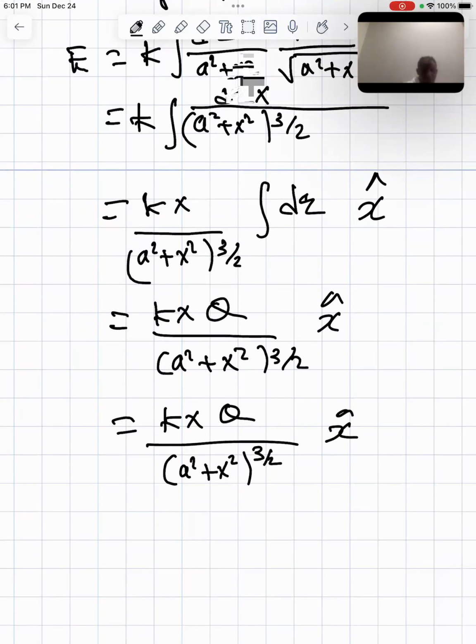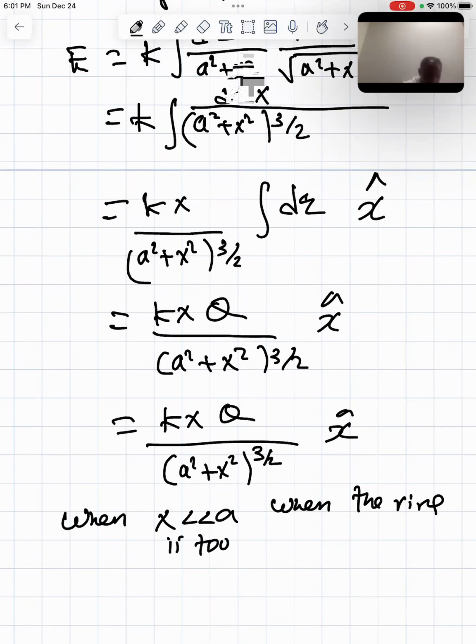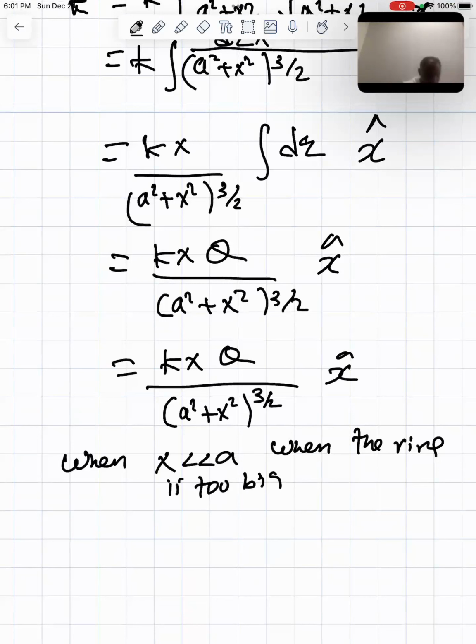Now, if you want to understand the case when x is much less than a, or when the ring is too big, you can neglect x.